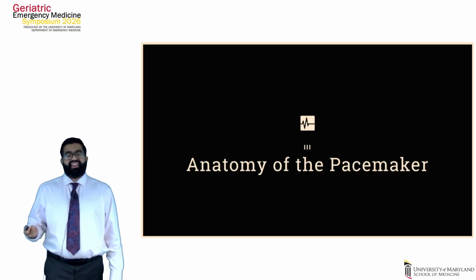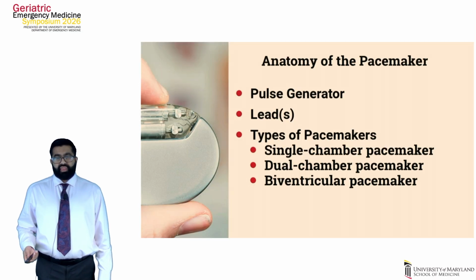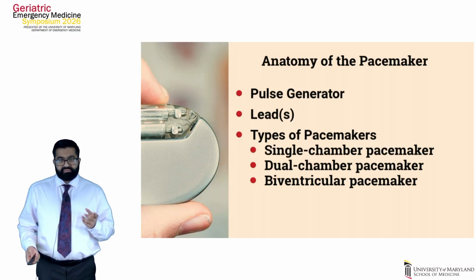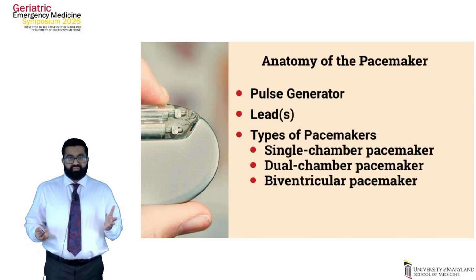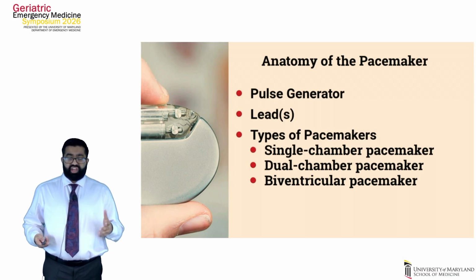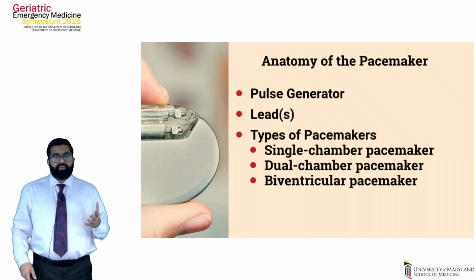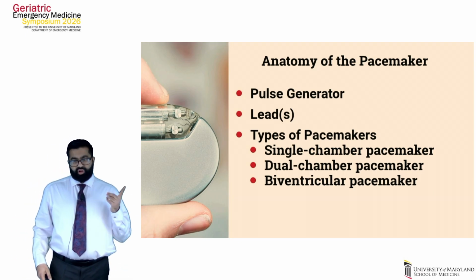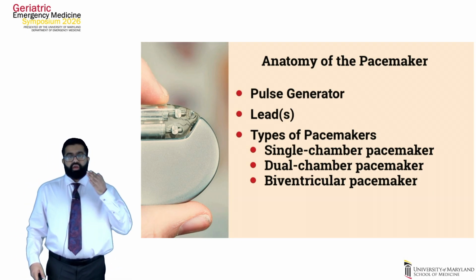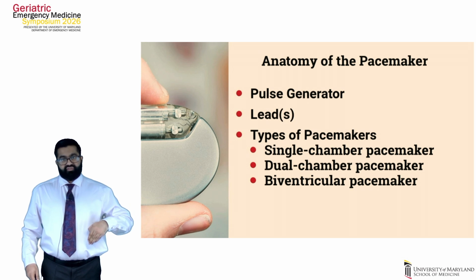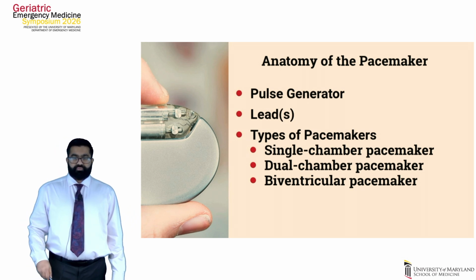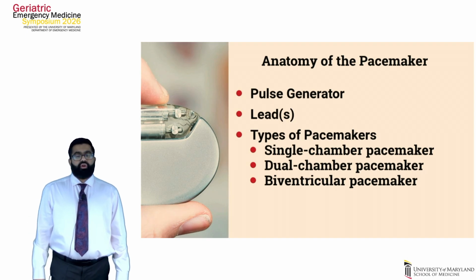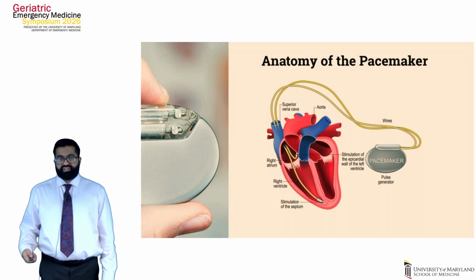These are all indications for pacemakers. So let's talk about the anatomy of the pacemaker. It's really just two components: the pulse generator, or the battery, and the leads, or the wires that go inside the chambers of the heart. We're probably familiar with the single chamber pacemaker. That is, a lead that goes into the RV, just like we would if we were placing a transvenous pacer or temp pacer. There are also dual chamber pacemakers as well as biventricular pacemakers.